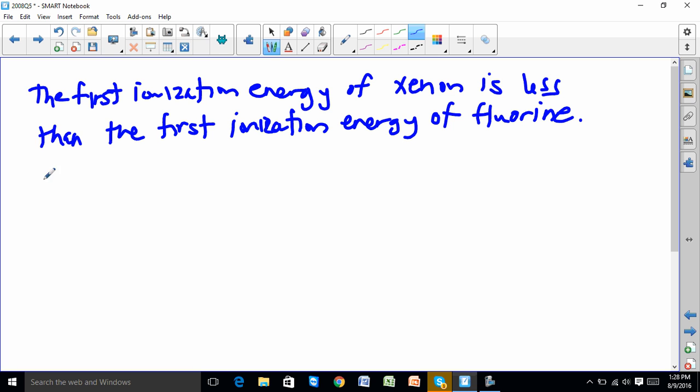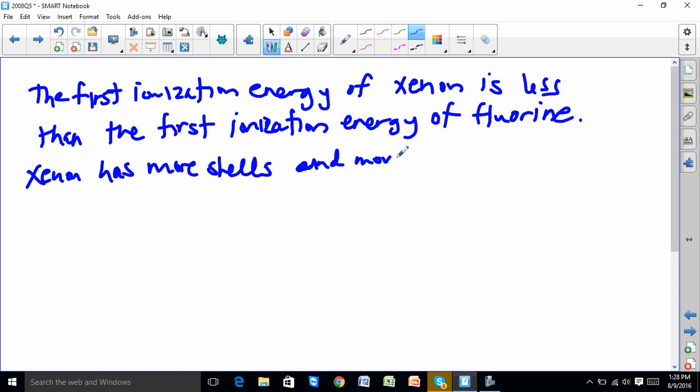Next sentence: xenon has more shells and more shielding electrons than fluorine.